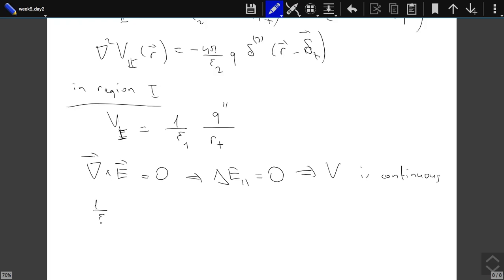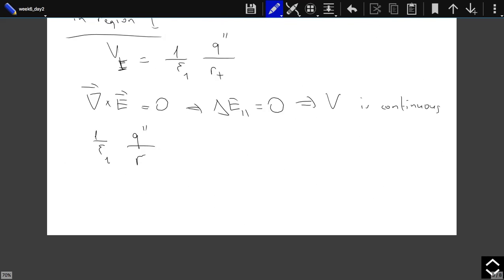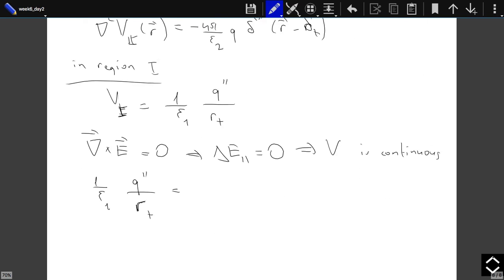So let's see, 1 over epsilon 1, Q double prime over R plus, when we take a point at the interface, R plus and R prime are equal, should be equal to 1 over epsilon 2 times Q over R plus 1 over epsilon 2 times Q prime over R plus.